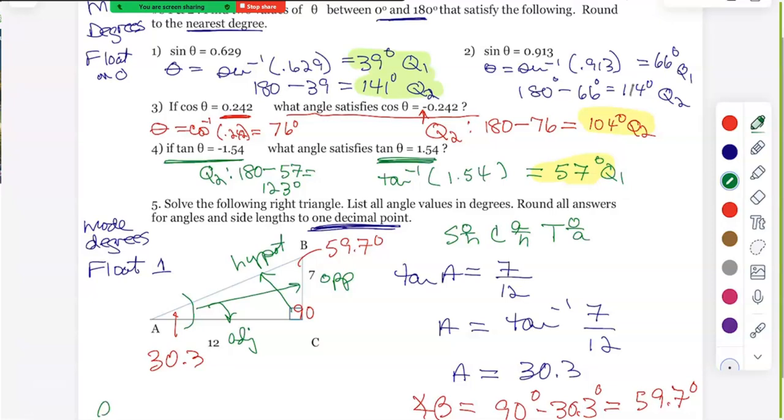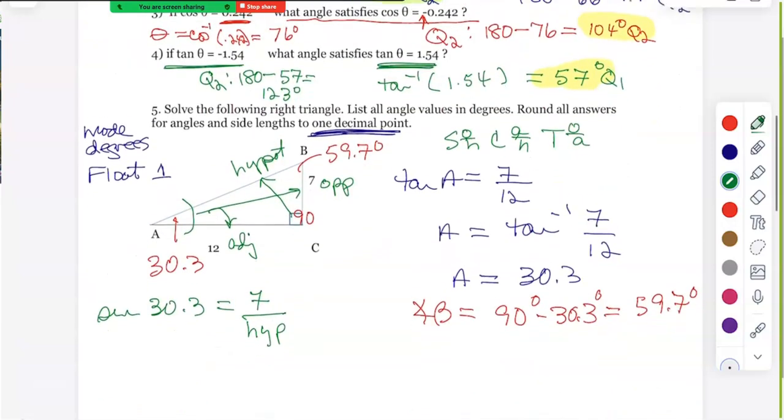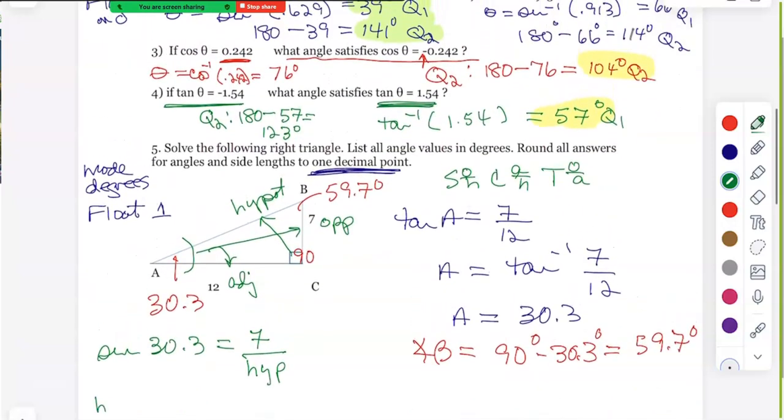So I use sine. I said the sine of the angle we found, which is 30.3, equals opposite, which was given as 7, over the hypotenuse, which is unknown. So then I did my cross products and said hypotenuse times sine of 30.3 equals 7.